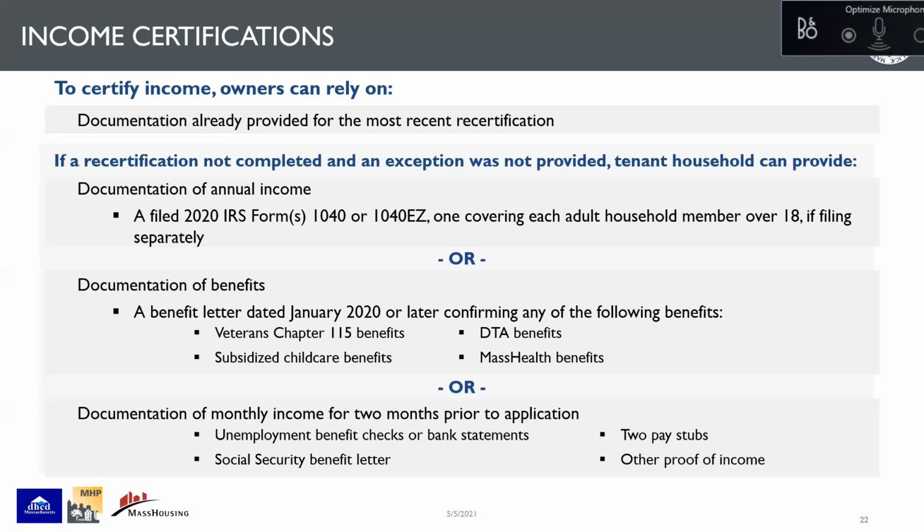And then finally, the household can provide documentation of monthly income for 2 months prior to the application. So this documentation of income includes unemployment benefit checks or bank statements, a Social Security benefit letter, or if the household members are employed, at least 2 pay stubs.